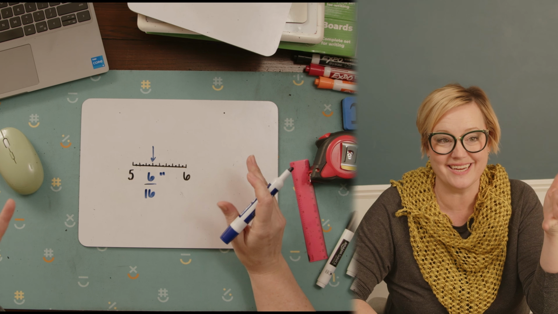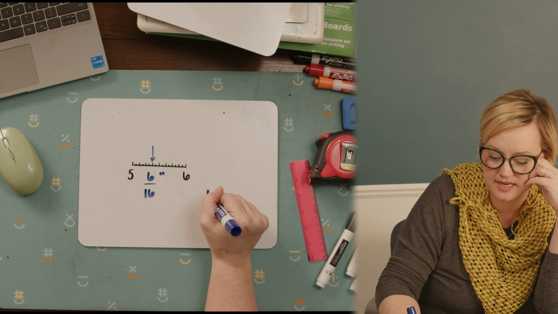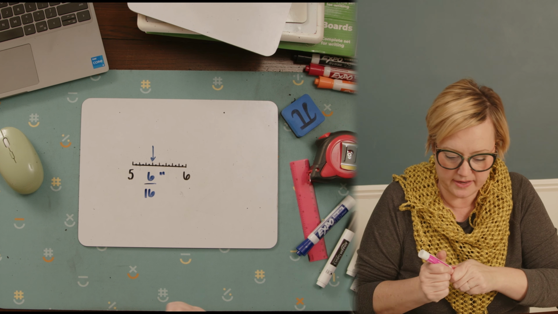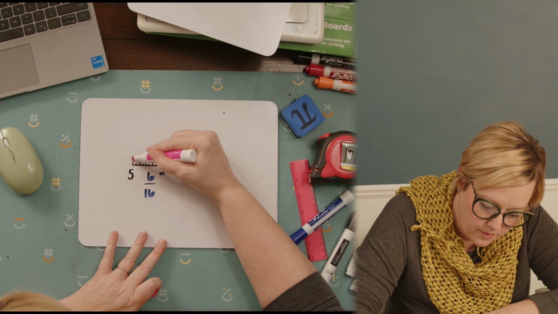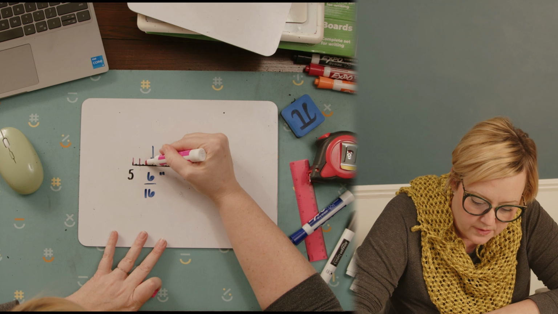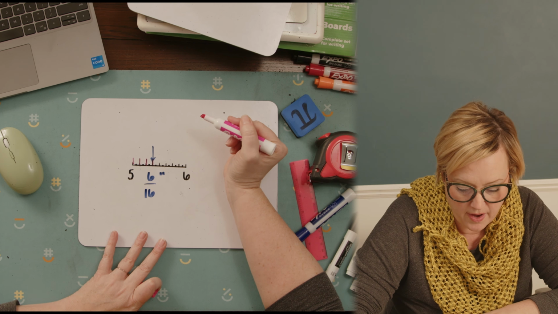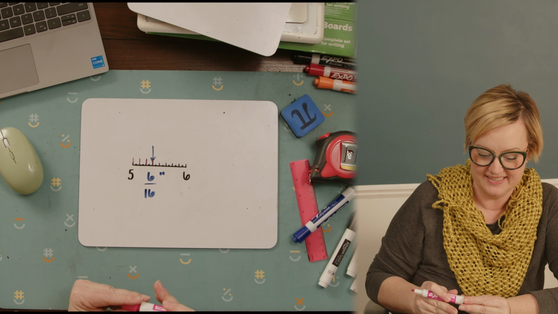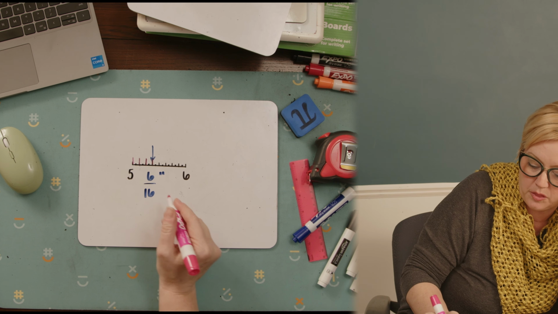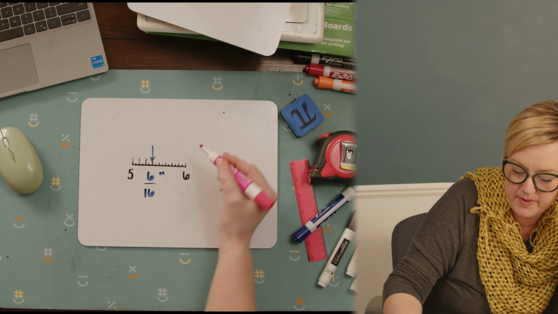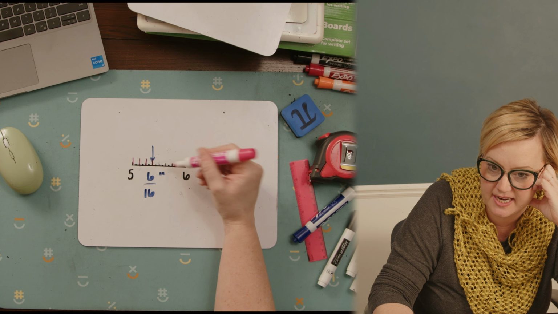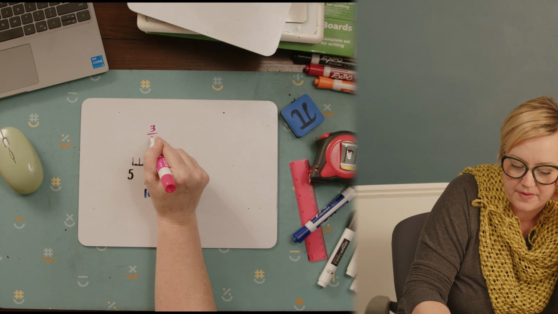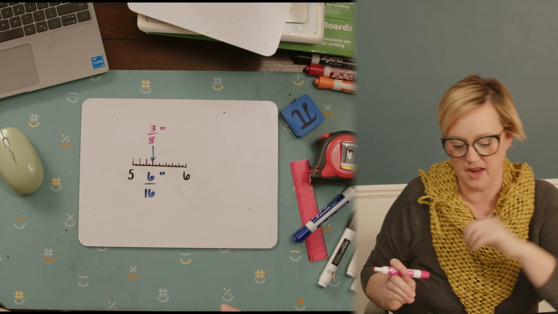Now, I've also got 1, 2, 3. This is very confusing, right? So this is 3/8, because each of the smaller lines is a 16th, and the bigger lines are 1/8. So this is the same thing as 3/8 of an inch.